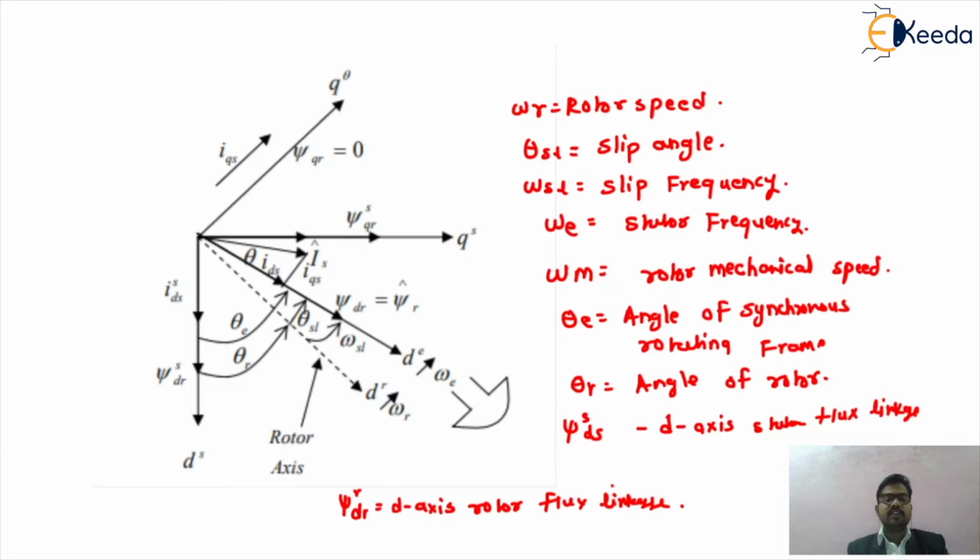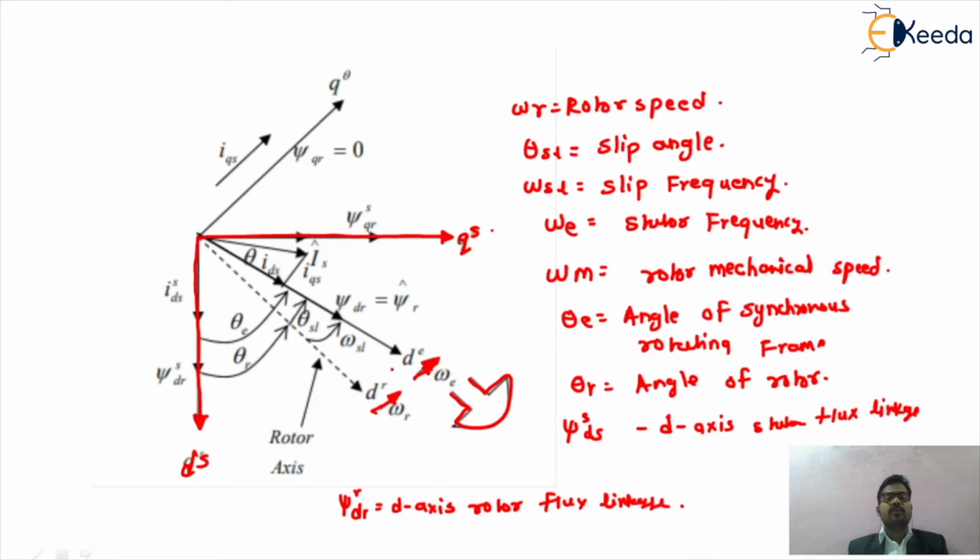Now we can understand the phasor representation. This will be the d-axis component of the stator value, and this will be the q-axis component, so d and s, q and s. Omega r is the rotor speed, omega e is the stator frequency, and this will be the position of your rotor.